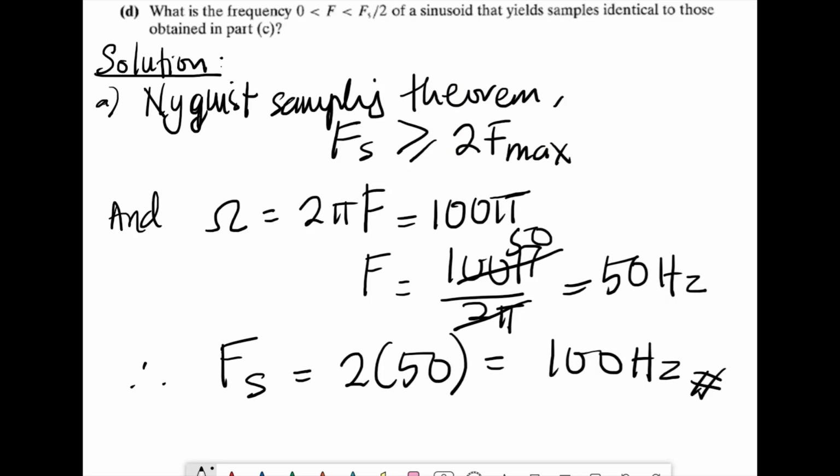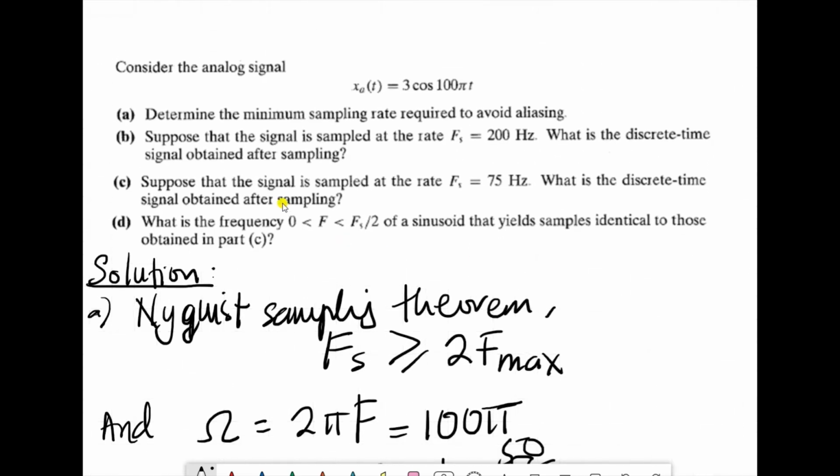Okay. Now, question B. Suppose the signal is sampled at Fs equals 200 Hz. What is the discrete time signal?